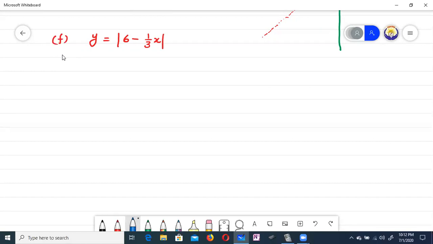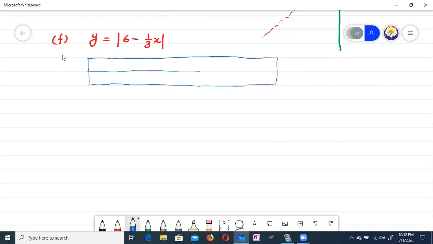Now, first of all, in the same way as in the previous question, here we will draw the table. X, y, 0, 1, 2, 3, 4, 5, up to 5 is enough.